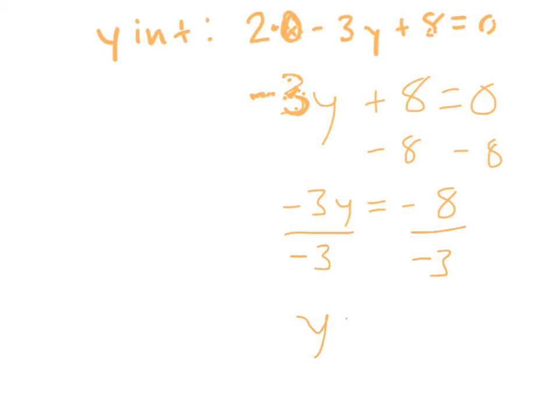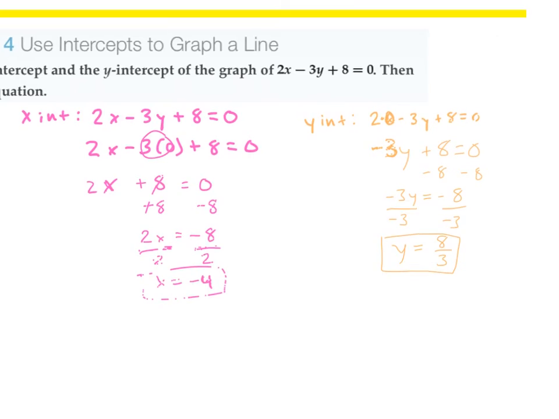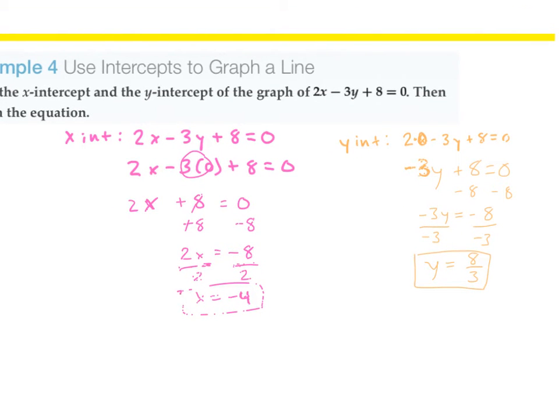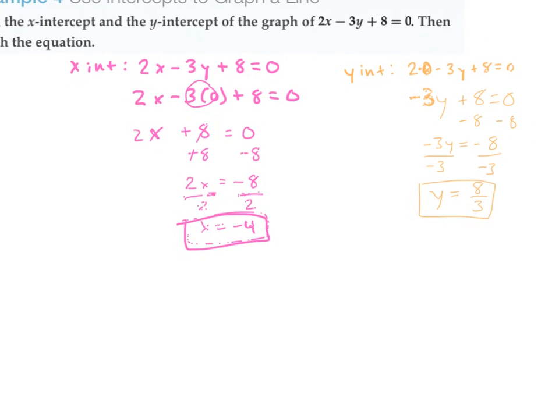So we get y is equal to 8 over 3. And we can just leave it as an improper fraction like that. So we have our x-intercept as negative 4, and our y-intercept is 8 over 3. Now it says we need to graph the equation.